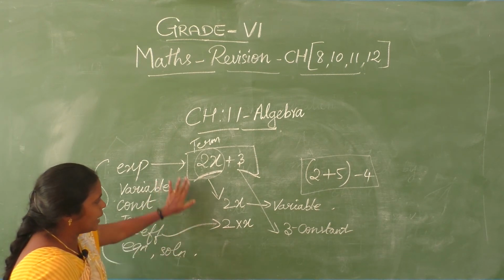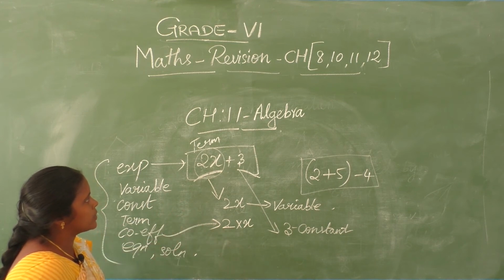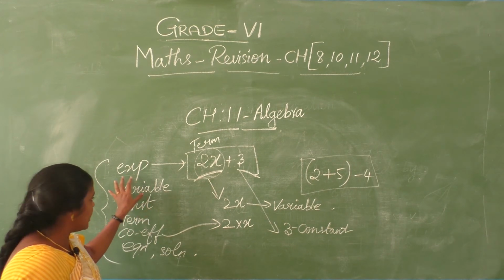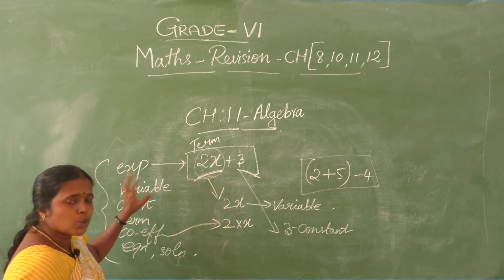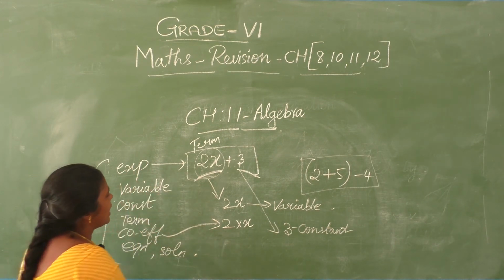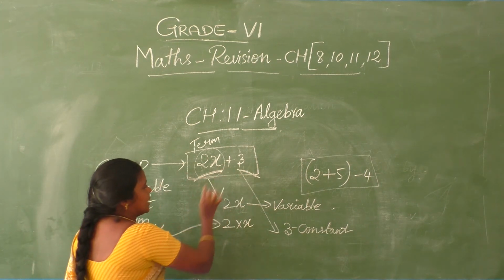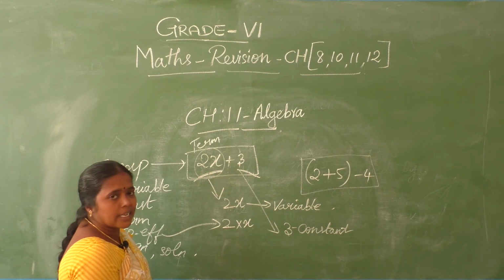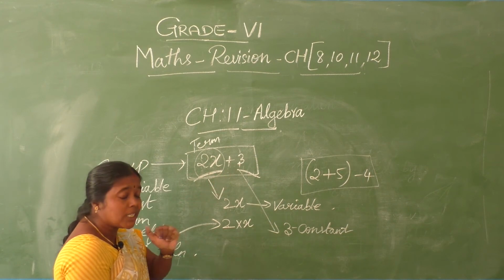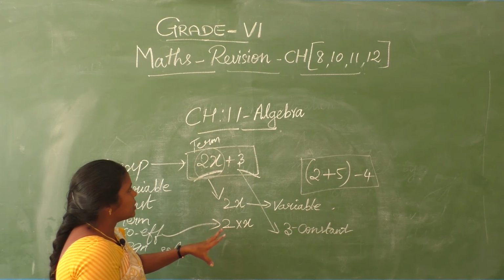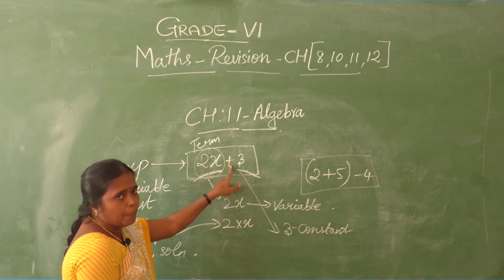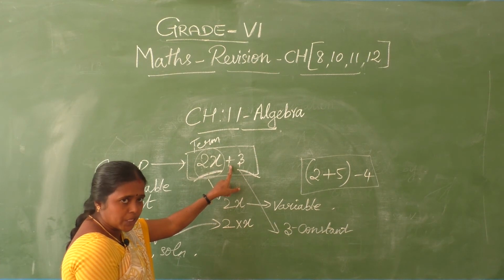See, I am recalling what we have seen up to this, because in algebra these technical words are very important, so I am repeating again. Clear? 2x plus 3 is an algebraic expression. What is an expression? The combination of variables and constants connected with some operations is called an expression.